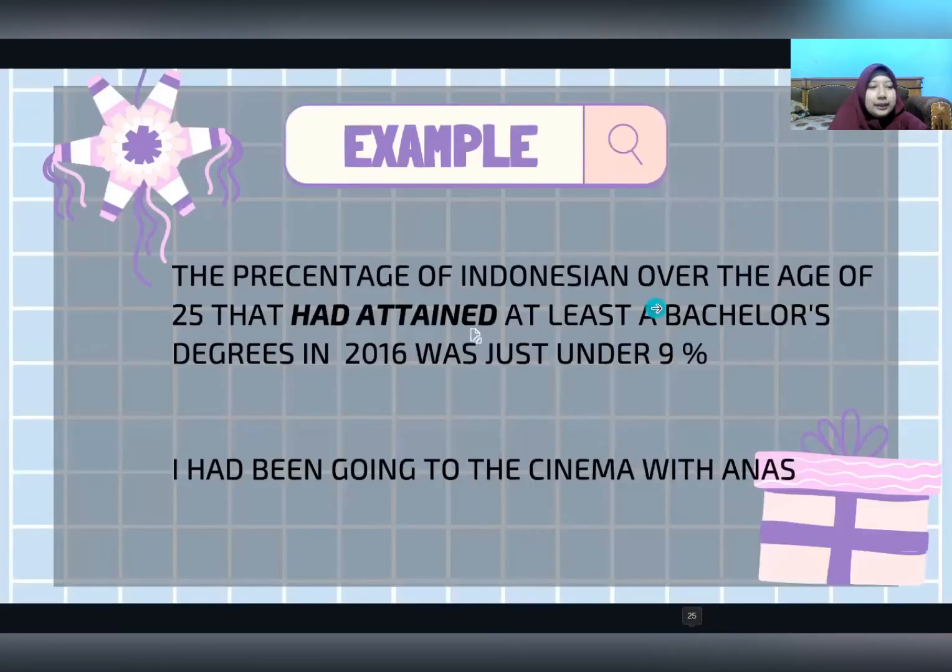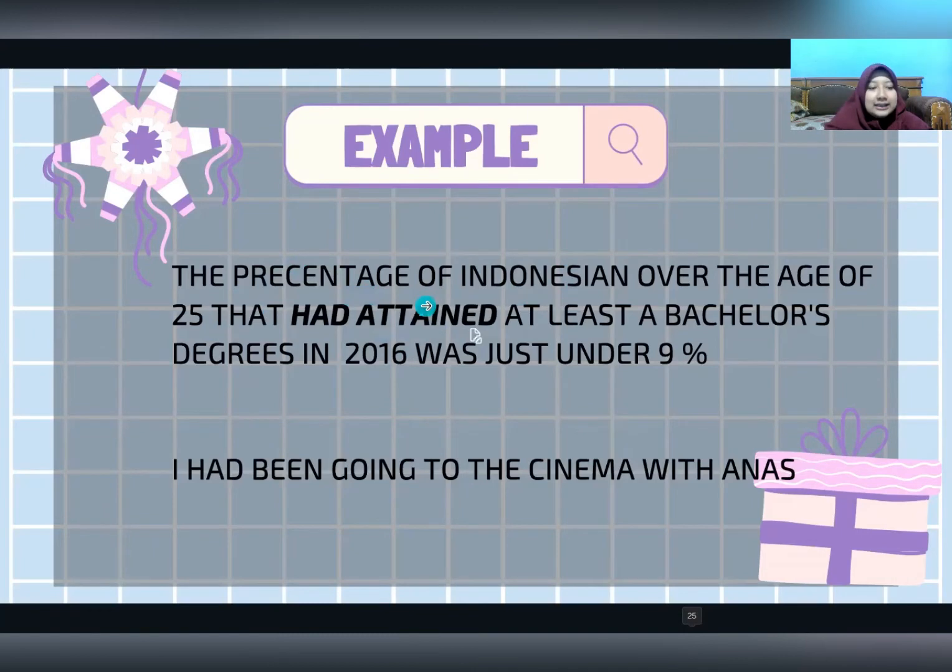The example I got from the journal is: the percentage of Indonesians over the age of 25 that had attained at least a bachelor degree in 2016 was just under 9%. So, why is this sentence in past perfect tense?